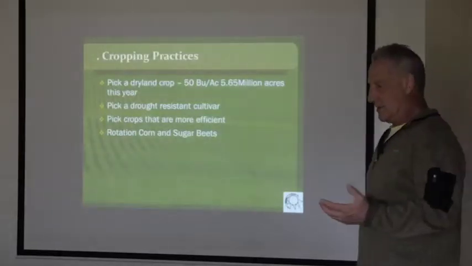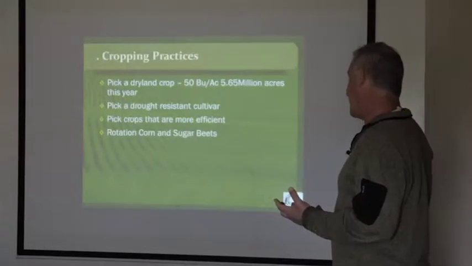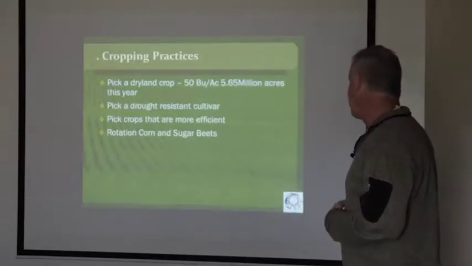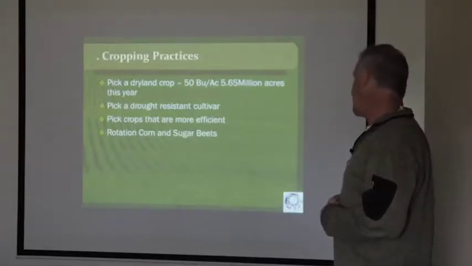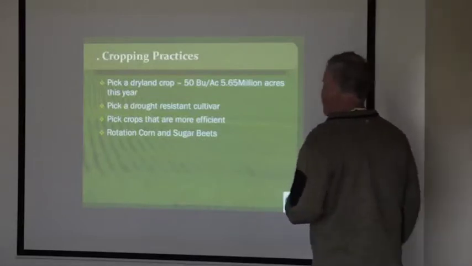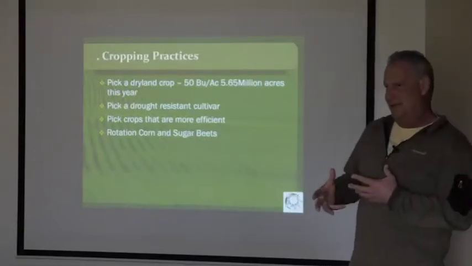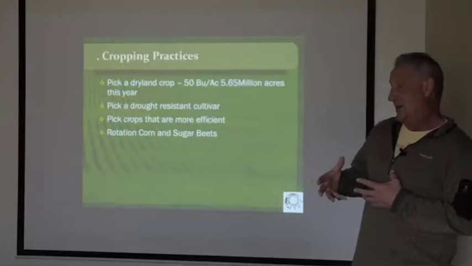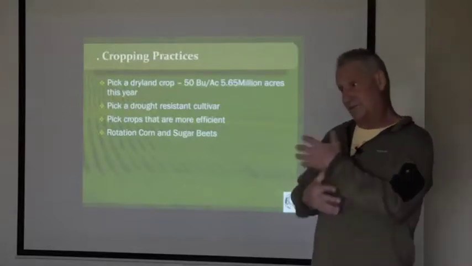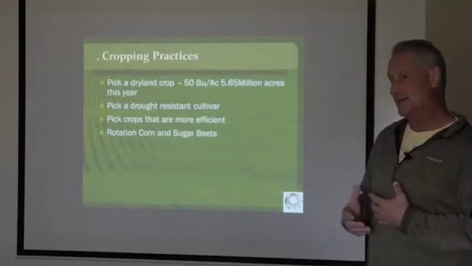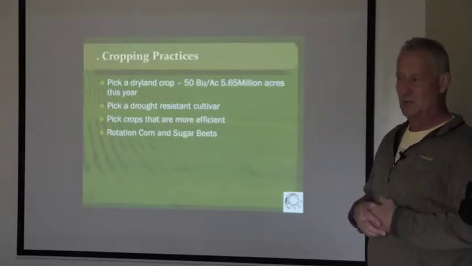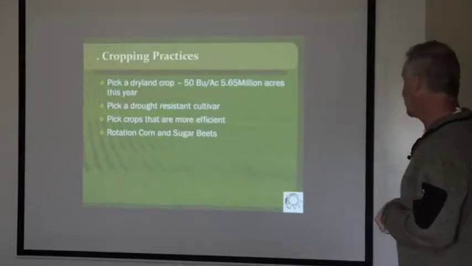Or, in the cropping practices, you can pick a dryland crop. Maybe there's a more drought-resistant cultivar. Again, you guys are more plant-oriented than I am, but it's my impression that new cultivars are being developed all the time, and there's a big push for more drought-resistant cultivars.